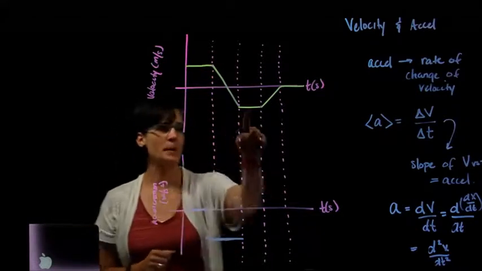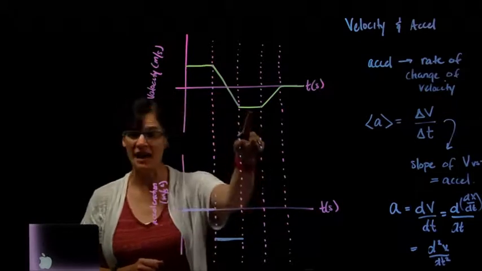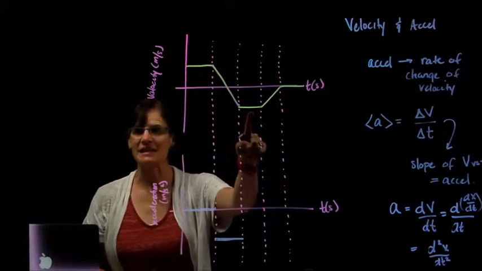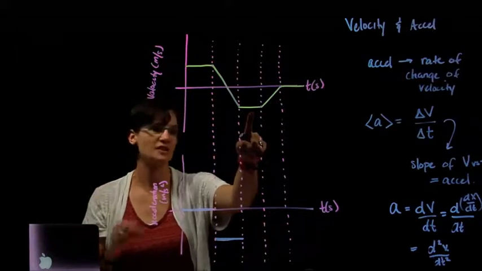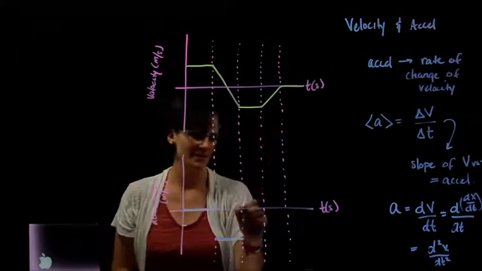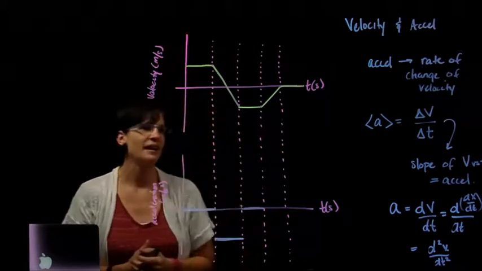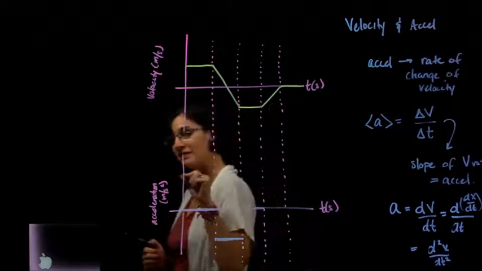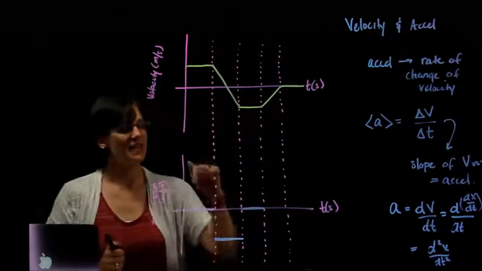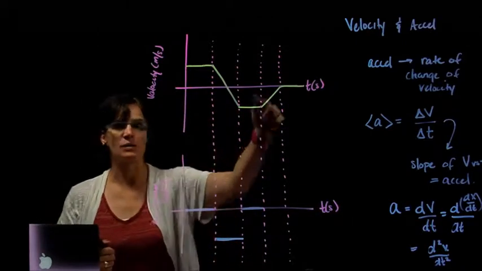Right now we're at this point in time and the velocity is moving to the left, but at a constant rate. The acceleration is 0. The velocity is not changing and the slope is 0. And then as we look in this situation, we're still moving to the left, and we are getting slower and slower and slower.